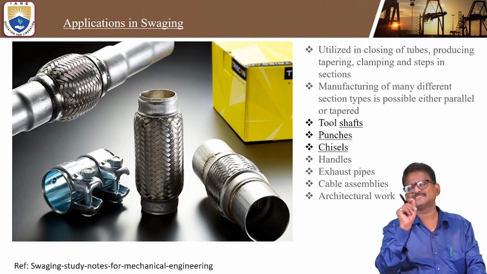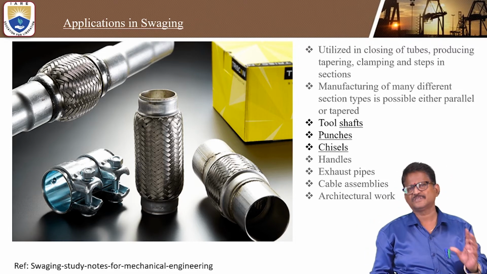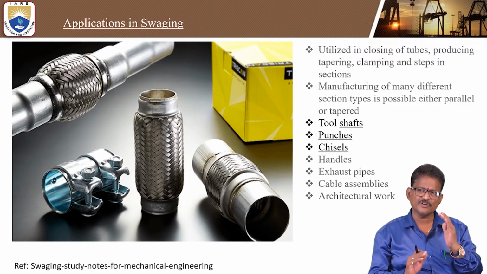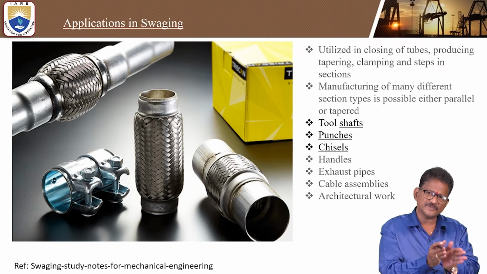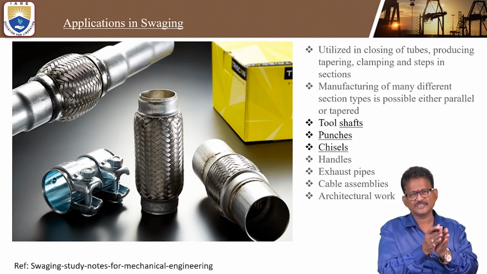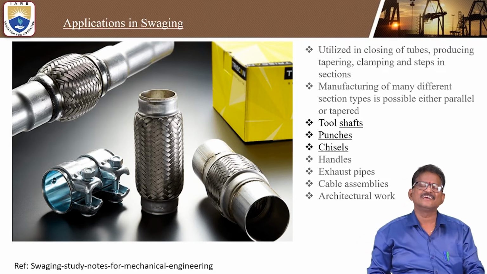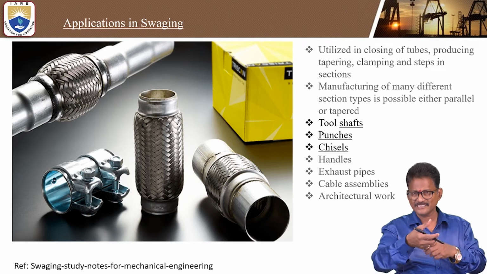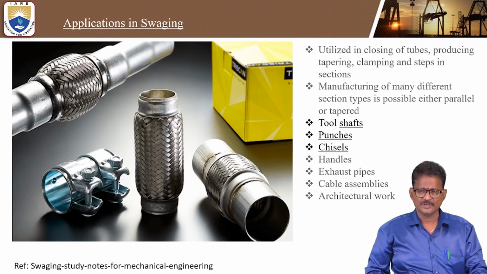Even leakage can be eliminated by adding such a machining process. Manufacturing of many different section types is also possible, either parallel or tapered. Not only parallel, sometimes some taper should be provided in order to fit easily, so that if any leakage occurs it can easily be removed with the help of some other machines.